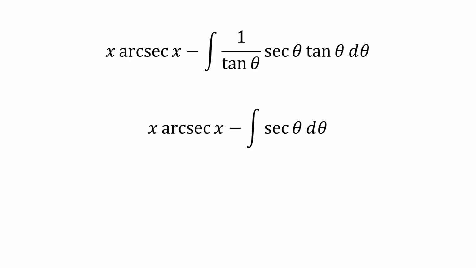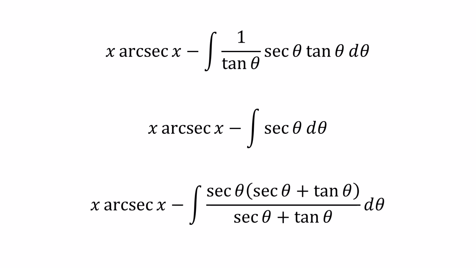Multiplying the numerator and denominator by secant of theta plus tangent of theta then gives x arc secant of x minus the integral of secant of theta times secant of theta plus tangent of theta all over secant of theta plus tangent of theta d theta.